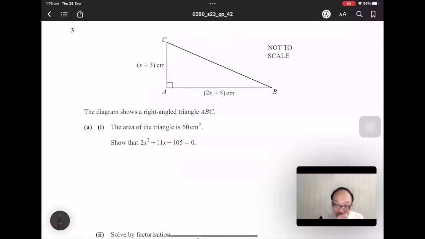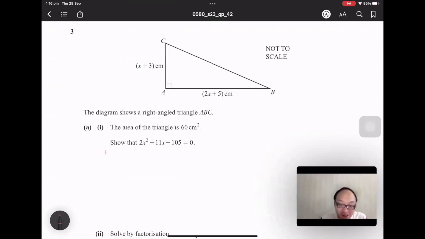Number 3, the diagram shows the right angle triangle ABC. The area of the triangle is 60. Show that. Okay, this is right angle. So to find the area, we just multiply half with the base and the height equals to 60.